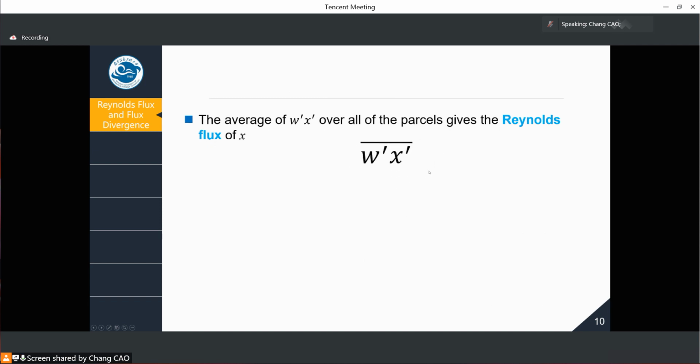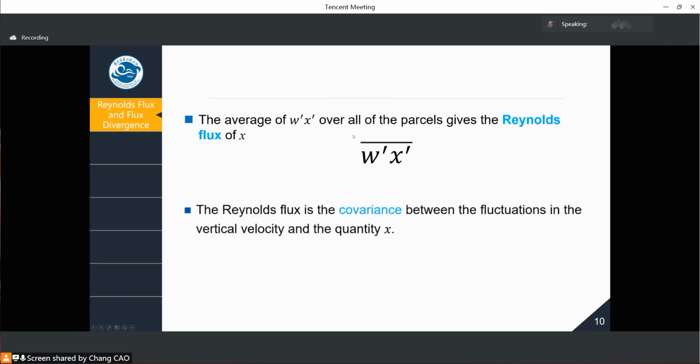The Reynolds flux is in this form: a bar over W prime X prime. And actually, if you learn about statistics, you will also know that this kind of format is the covariance. We can call it the covariance between the fluctuations in the vertical velocity and the quantity X. So this is Reynolds flux, and also we can call it the covariance between W prime and X prime.